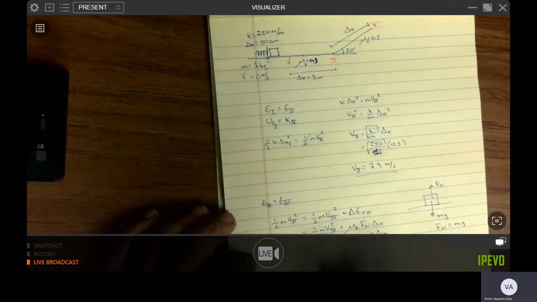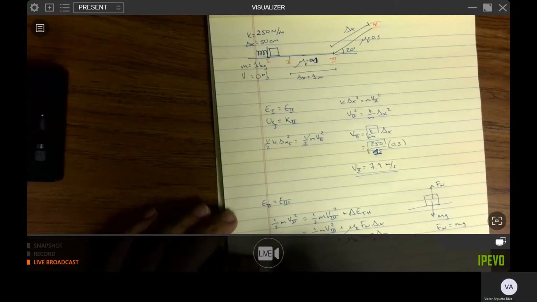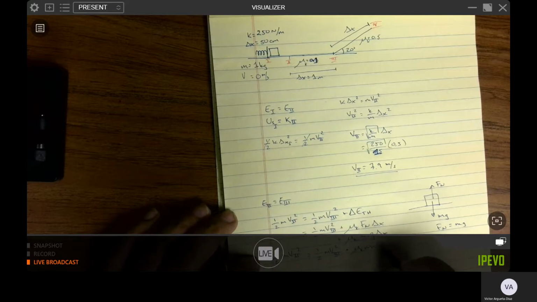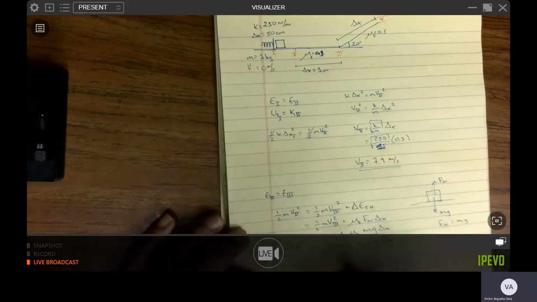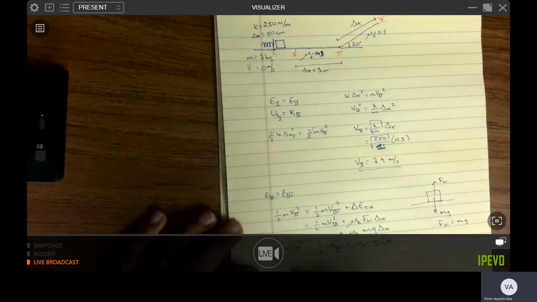Okay, and again, we're solving for v3. I'm going to write it all here, and I'm solving for this one. So I'm going to have 1/2 m v2 squared minus mu k m g delta x equals 1/2 of m v3 squared.